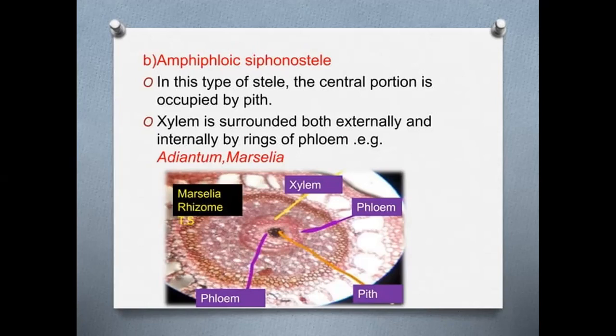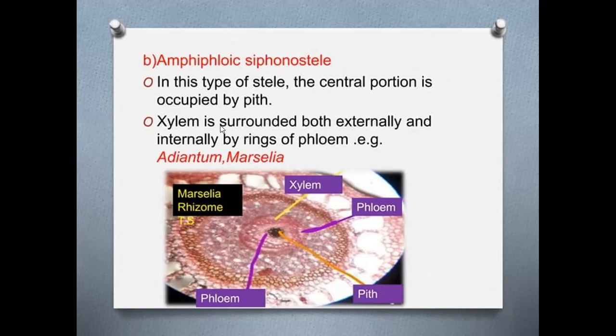Now, amphi refers to just like a sandwich. We call a sandwich, that is in between two bread slices will have a stuff in the center. That we call the sandwich.